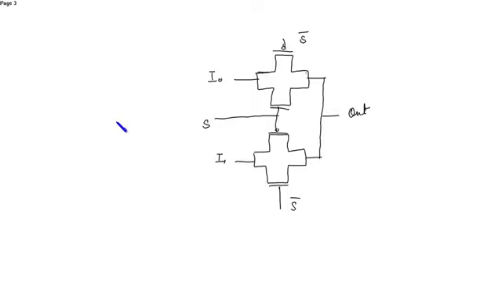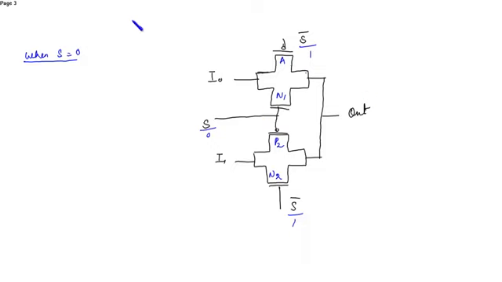Now when S is equal to 0, then what will happen? Suppose this is P1, N1, this is P2, and this is N2. So when S is equal to 0, then S bar is equal to 1. So at PMOS 1 we have 1, at NMOS 1 we have 0.